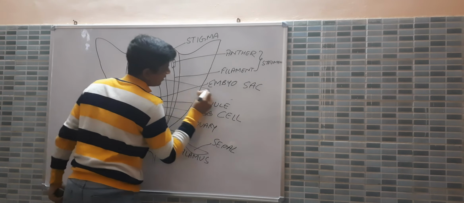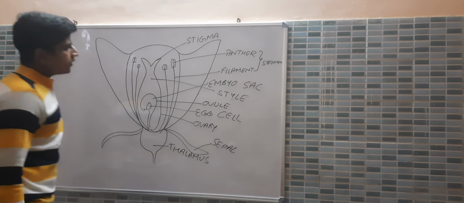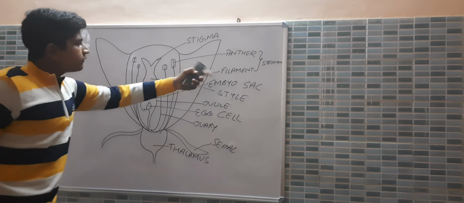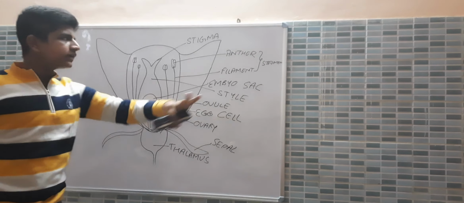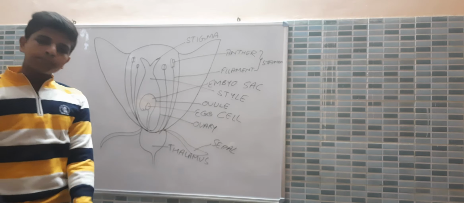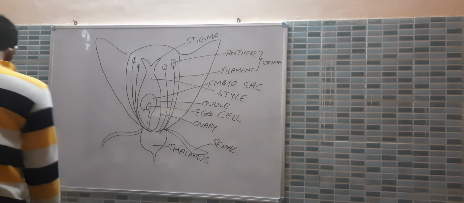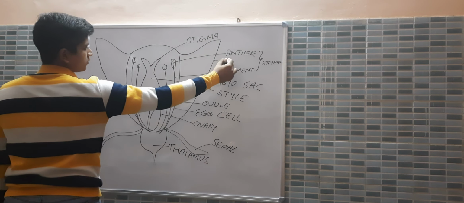Here is the style. When stigma, style and ovary, the three combine, they form the female reproductive organ, that is pistil. So here I have erased petal and here I am going to write it: petal.